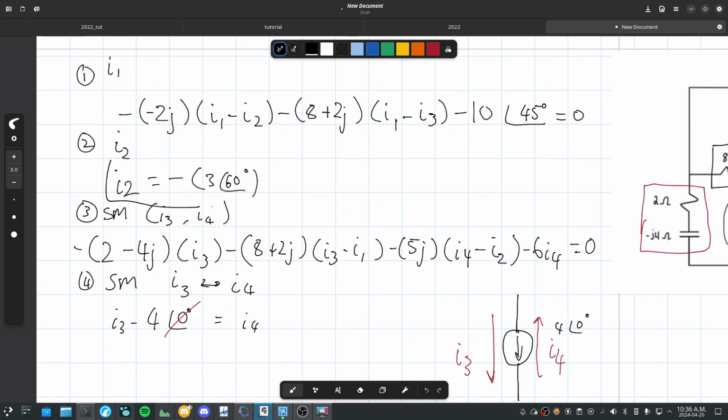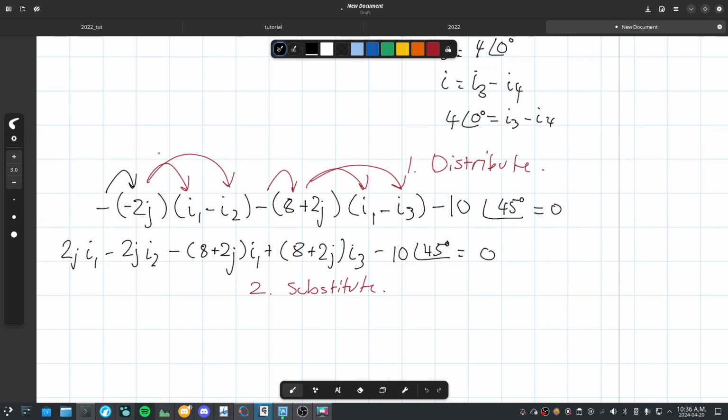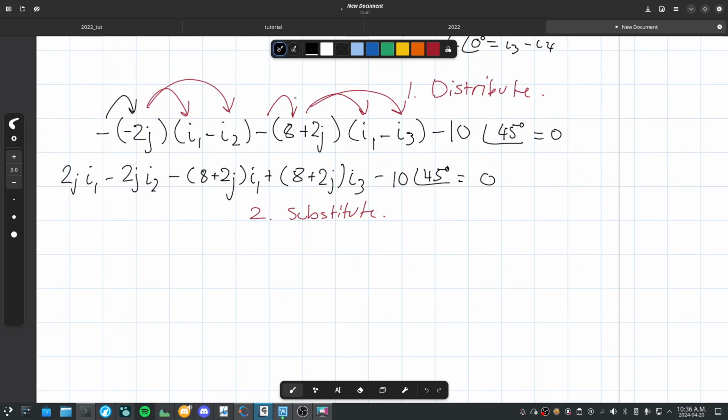And now let's substitute all I2s in here to negative 3 with phasor of 60. So that's 2j I1. Let's put that in brackets actually, just so it's very clear. Minus 2j, negative 3 with a phasor of 60. Minus 8 plus 2j I1, plus yada yada yada.